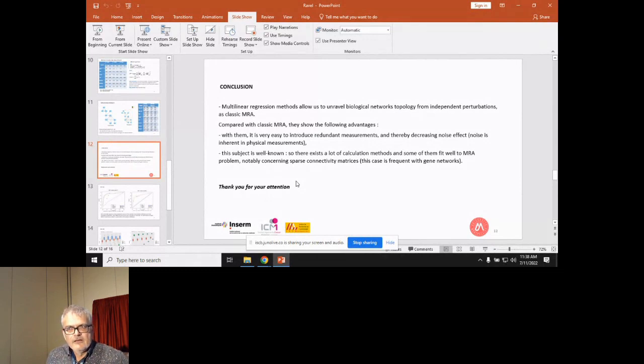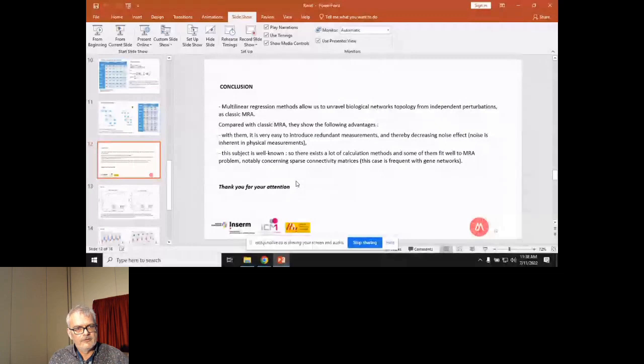So for small size, classic MRA is a good method, but we can see that for medium-size networks with, let's say, about 50 nodes, the noise is very important, and the noise deteriorates the solutions, and we obtain results like random results.